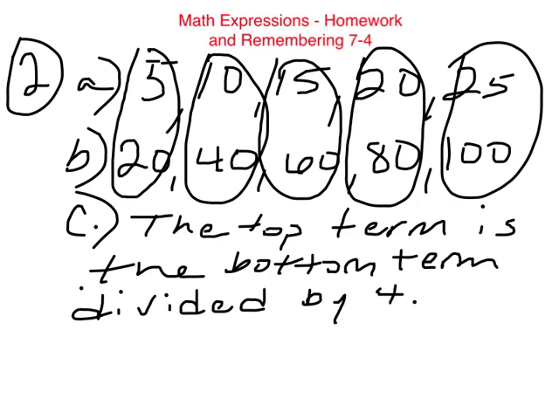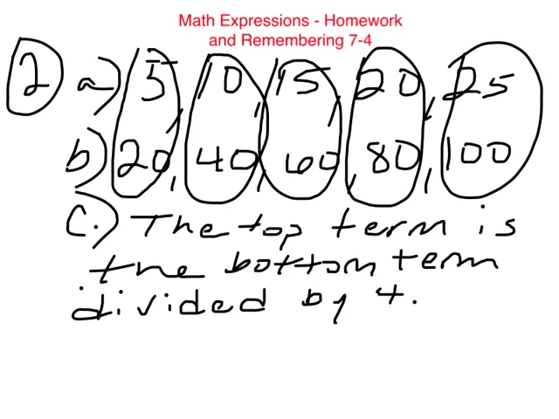So if that's true, if the bottom term divided by 4 gives us the top term, we should find out that number. So 20 divided by 4 is 5. 40 divided by 4 is 10, 60 divided by 4 is 15, and so on. So that is a true relationship there.